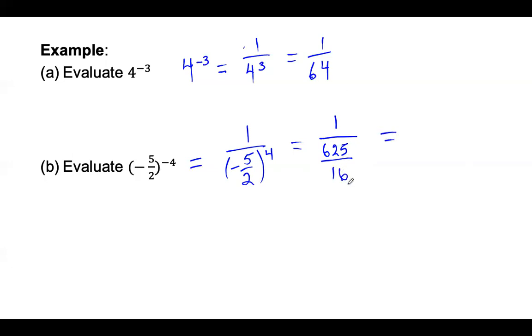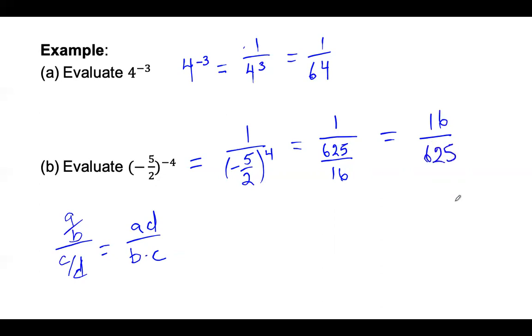And we know how to flip these. Let's say you have A over B and C over D. This is the same as A times D divided by B times C. So we can just flip this to the top, our D comes up here. So this is 16 divided by 625. We've seen this before previously.